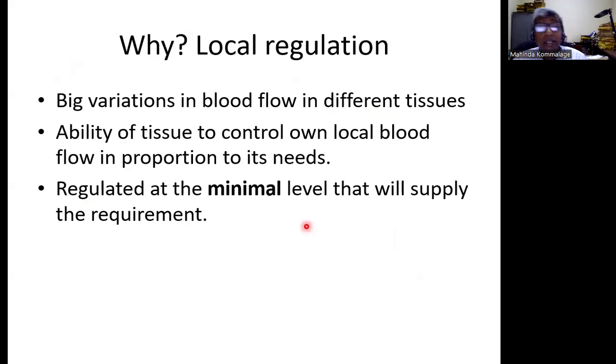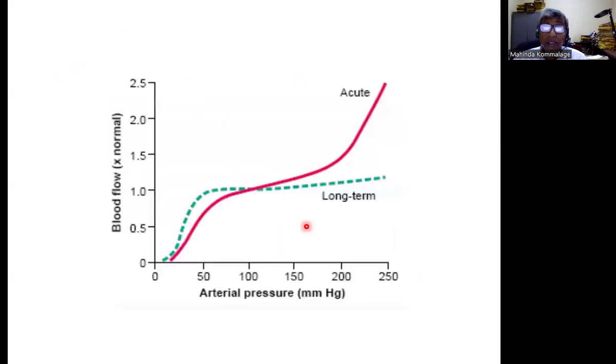So in local regulation, we regulate the blood flow locally. Because of the local regulation, even if we get less blood flow from outside, we can control it locally and maintain it at a constant level. And this is a good example. This is arterial pressure and blood flow to a tissue.